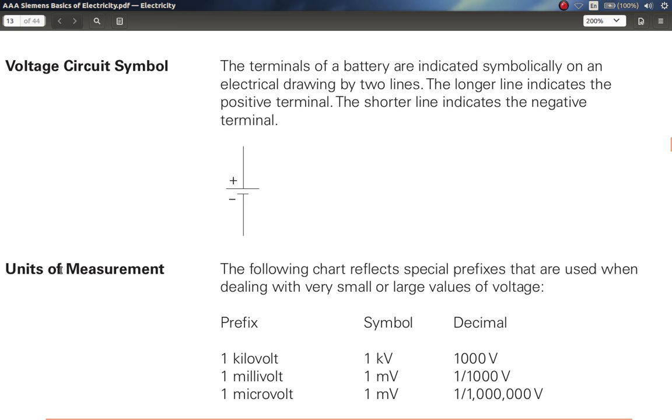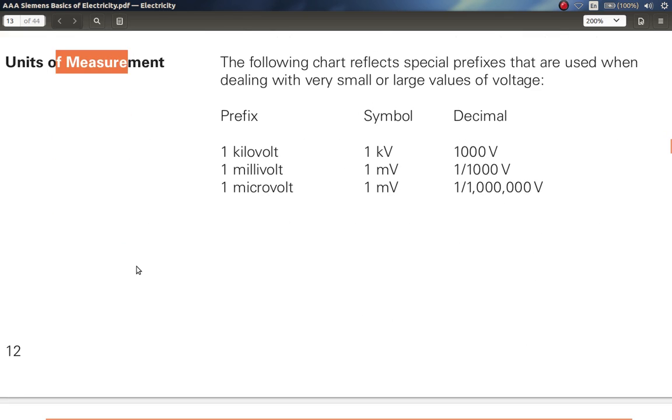Now, units of measurement. The following chart reflects special prefixes that are used when dealing with very small or large values of voltage. So here, kilovolt. Now remember, pre means before.